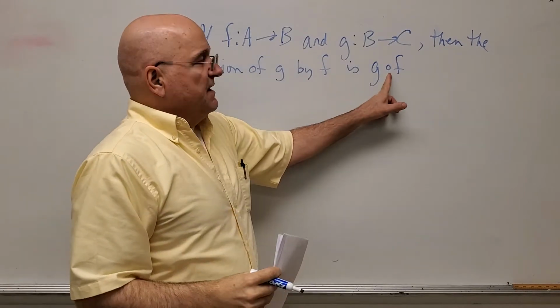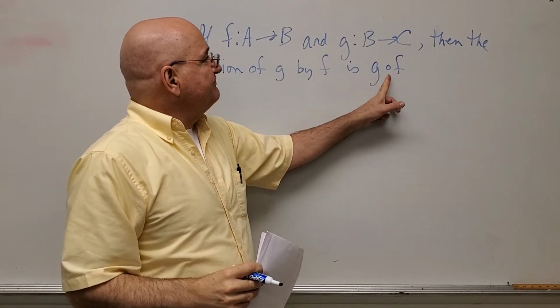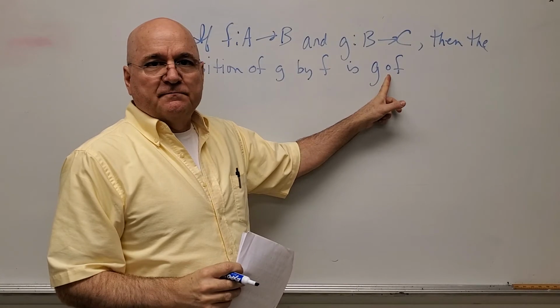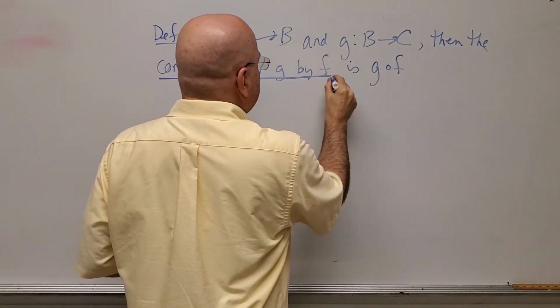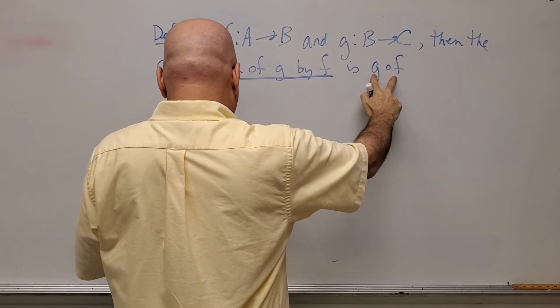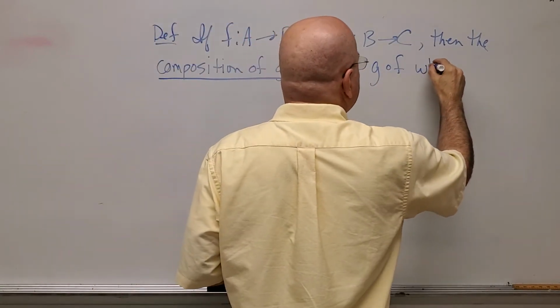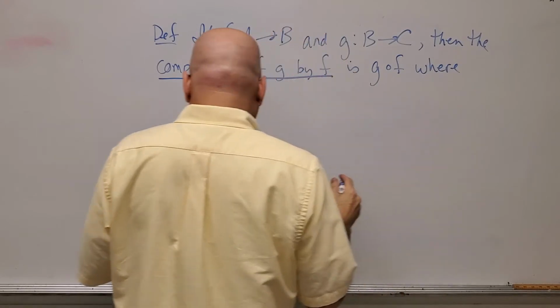It's not an O, it's not a 0, it's just a small circle. g composed with f, or the composition of g by f, and we write it like that, where it's defined as follows.